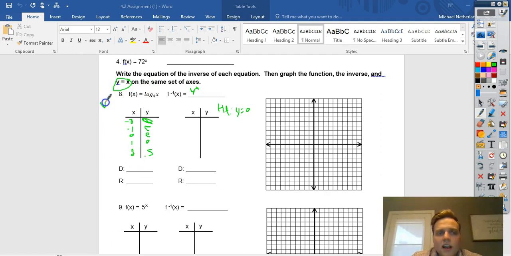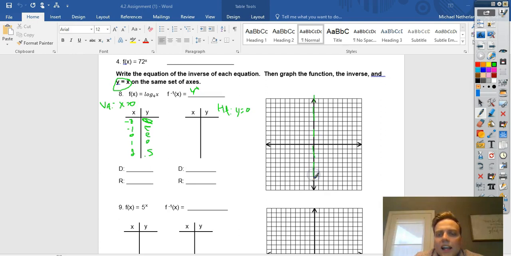I'm going to get a vertical asymptote. That's right, and it's going to be not at y equals 0 now, but at x equals 0. So for logarithmic functions, you have a vertical asymptote at x equals 0.